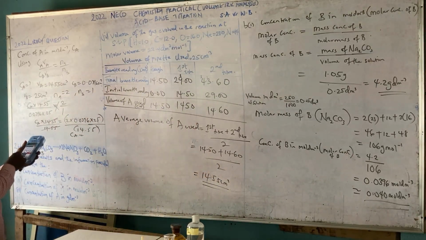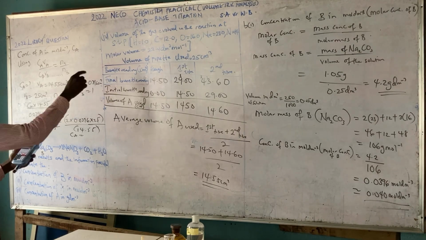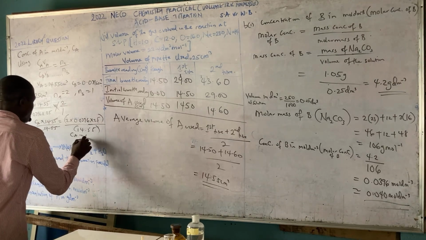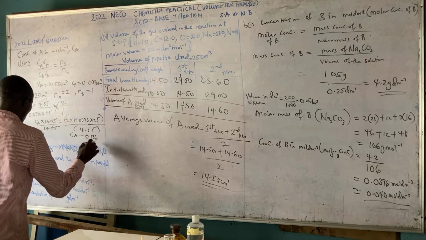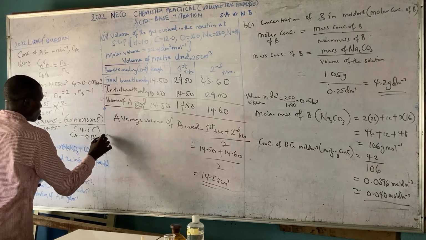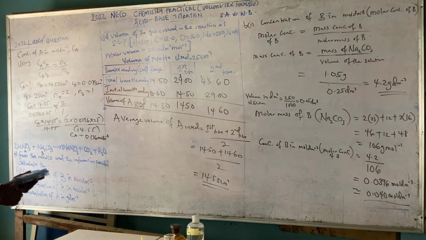So bracket 2 times 0.0396 multiplied by 25, multiplied by 25, bracket close, divided by 14.55. So CA is 0.136 mole per dm cube, to 3 decimal places.